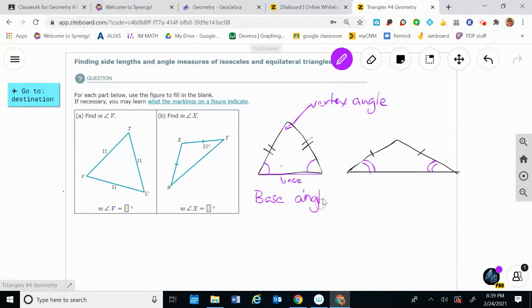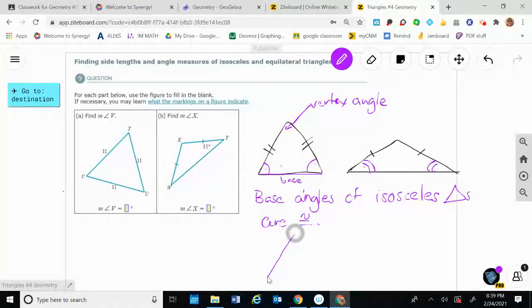Base angles of isosceles triangles are congruent. All right, meaning this is congruent to that. This is congruent to that. They're not congruent to each other, just within the triangle itself, okay?